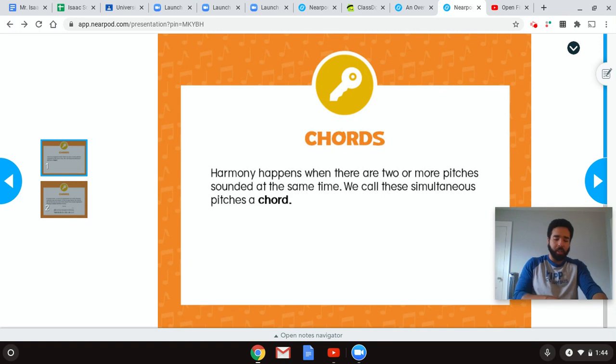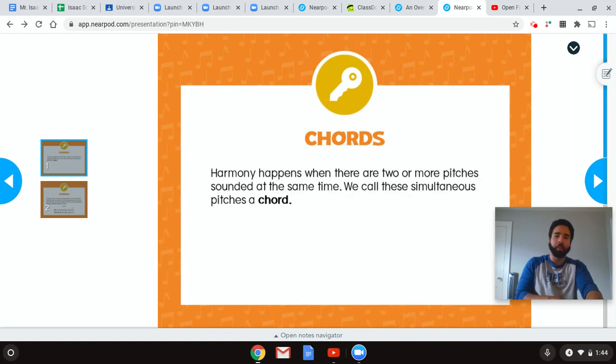So when we're warming up and singing, every time Mr. Isaac goes like this, those are chords happening. You hear how it's a little bit more full. That's a chord.